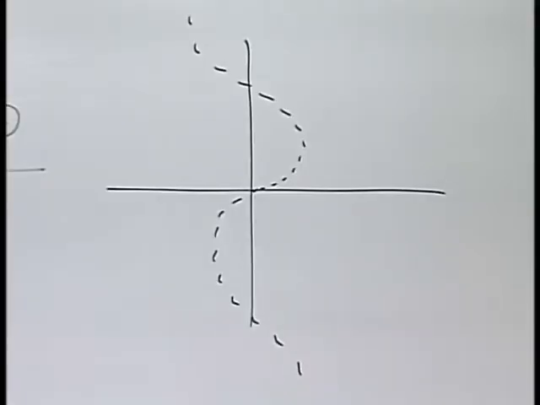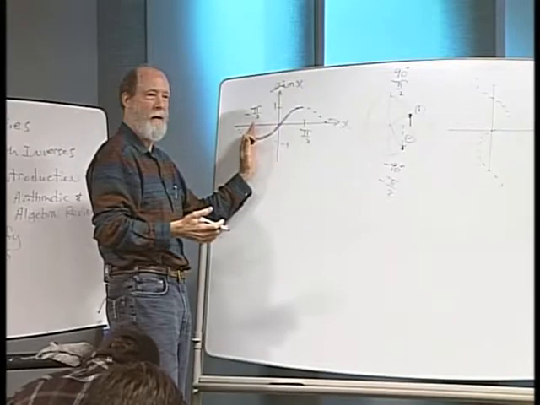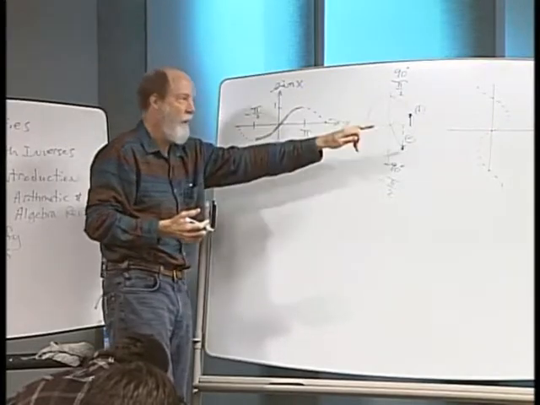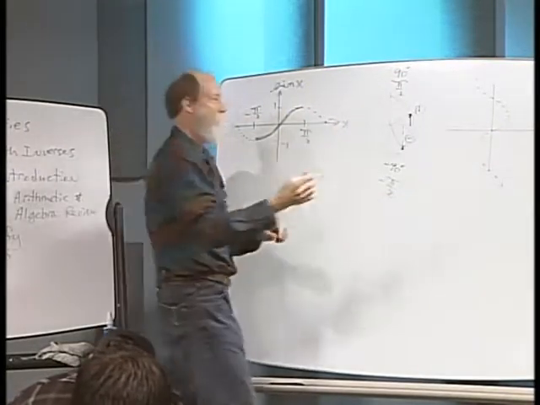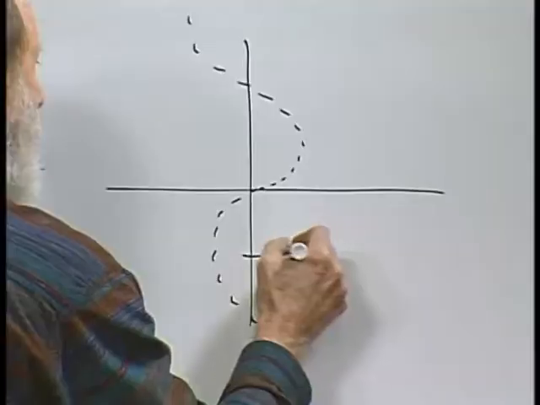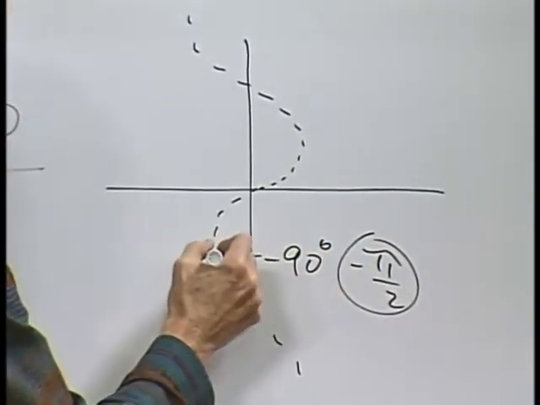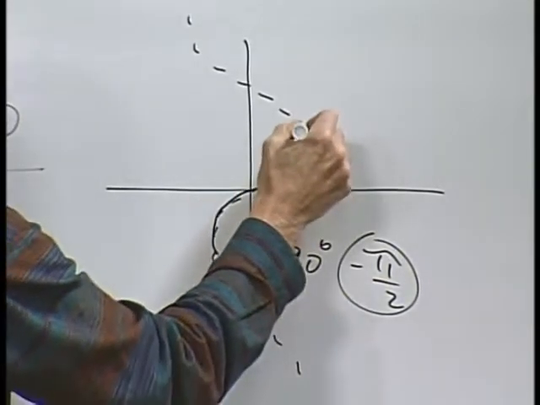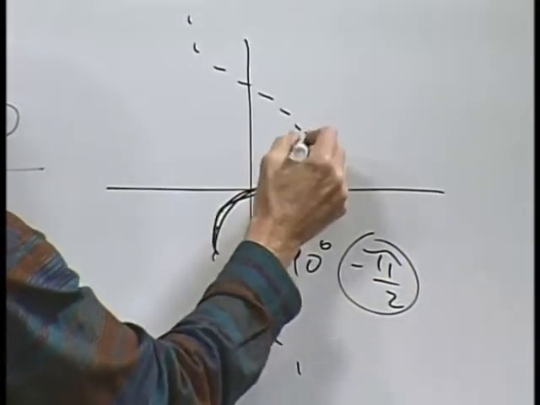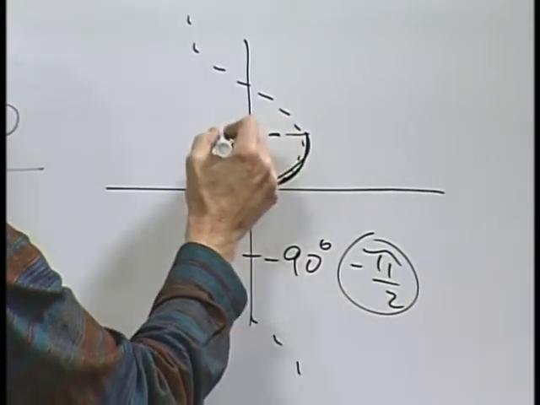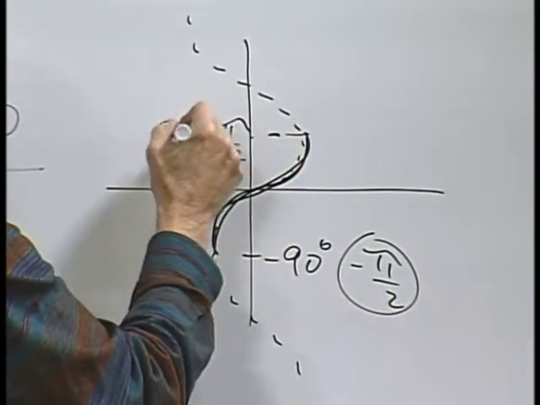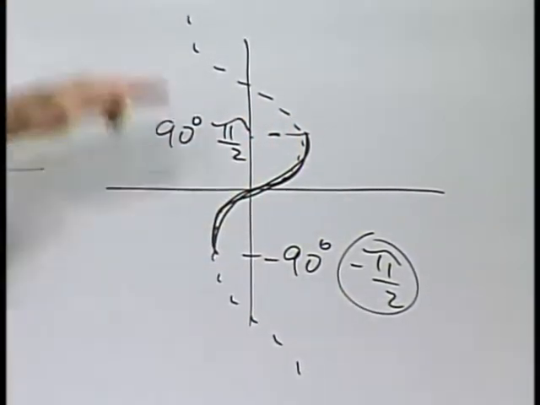And if you look at the restricted domain here, that becomes the range over there. The range over here from minus 90 degrees or minus pi over 2 up to pi over 2 or 90 degrees. A restricted range of values there.